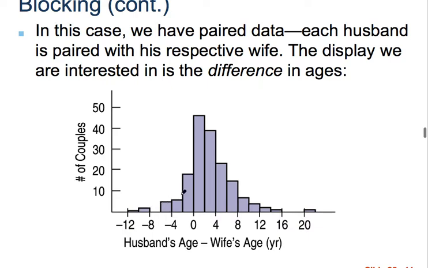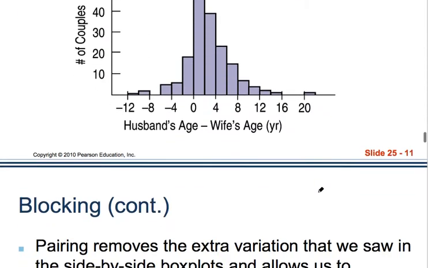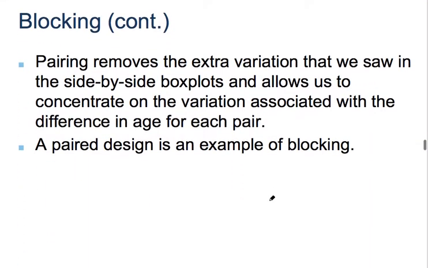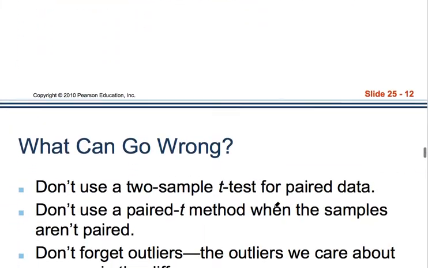So all of these values here are how many couples have that as the difference in their age. My husband is almost 4 years older than me, so we would be right in this category, up in the tall part of this. Just FYI. So pairing removes the extra variation that we saw in the side-by-side box plots and allows us to concentrate on the variation associated with the difference in age for each pair. So that's why we do it this way.